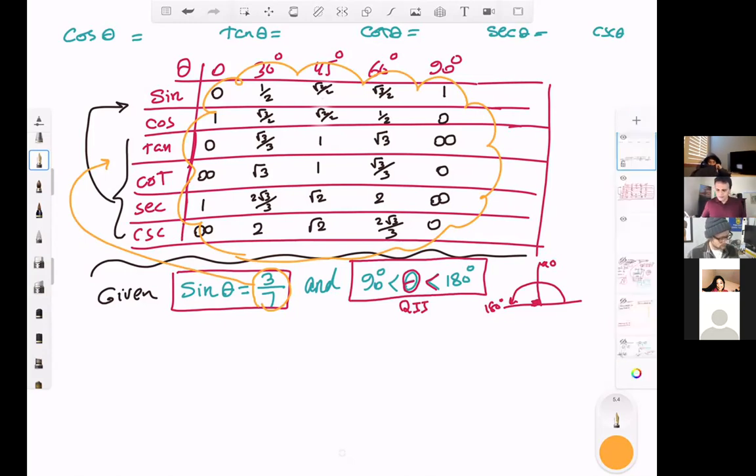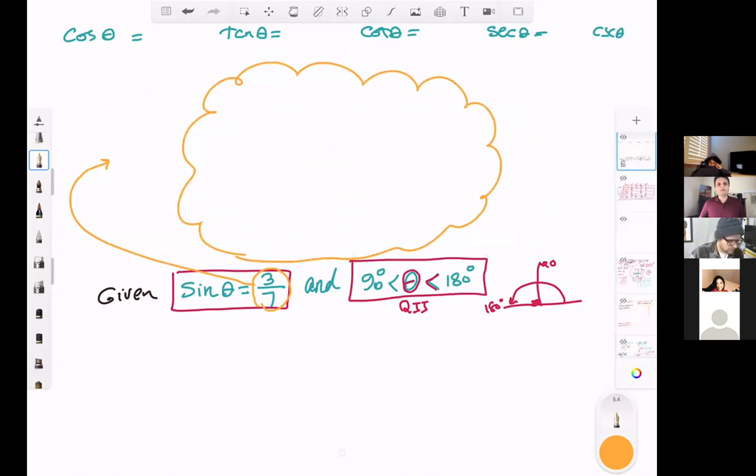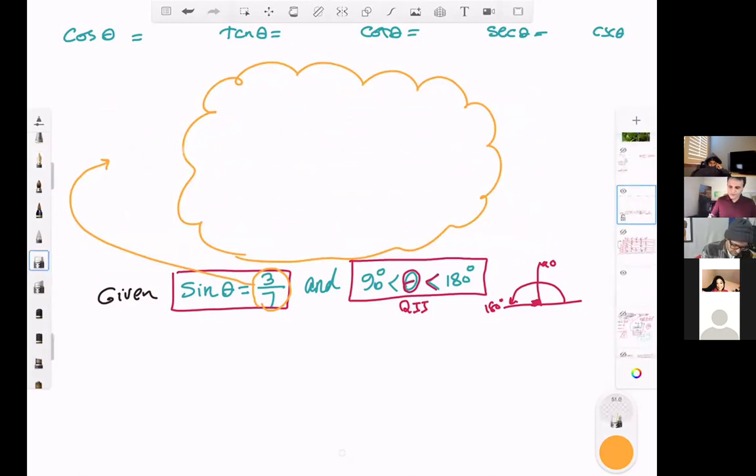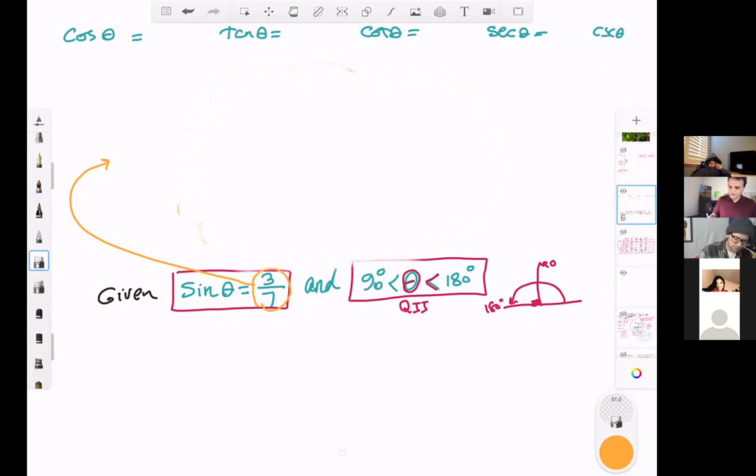So for a question like this, the unit circle or the table in your note sheet doesn't help. What we should do is use the Pythagorean theorem or algebra. Stop me if I'm going too fast.